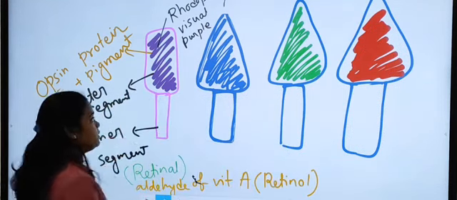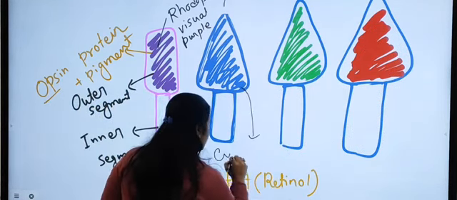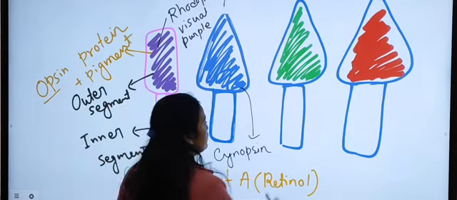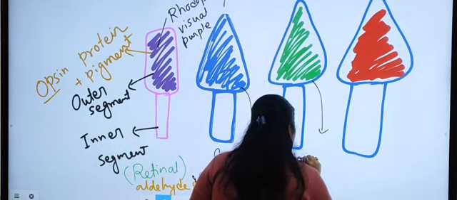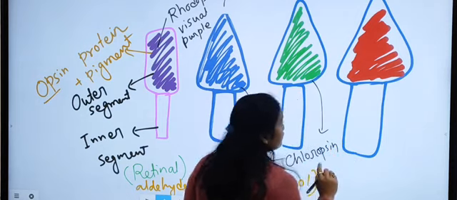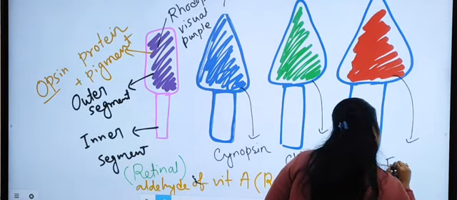The name of the blue pigment is cyanopsin. Green pigment is chloropsin, and red pigment is erythropsin.